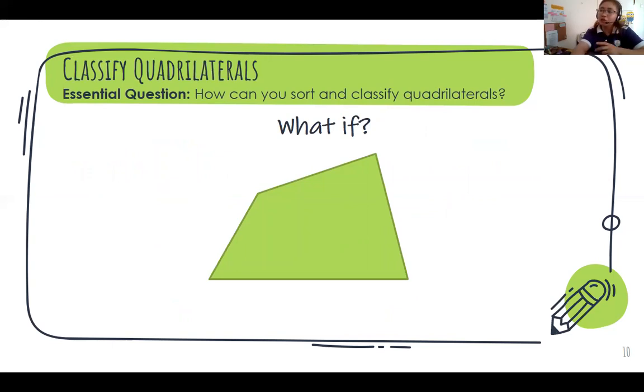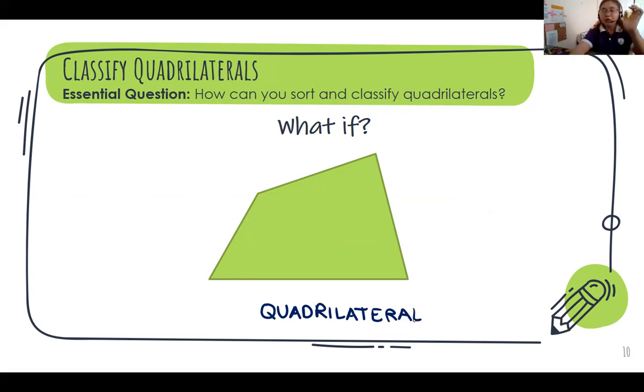If you test each of the sides and check if there is any pair of sides that are parallel and discover that there is none, the most common name and no other special name that we can call this figure is simply a quadrilateral. That's it.